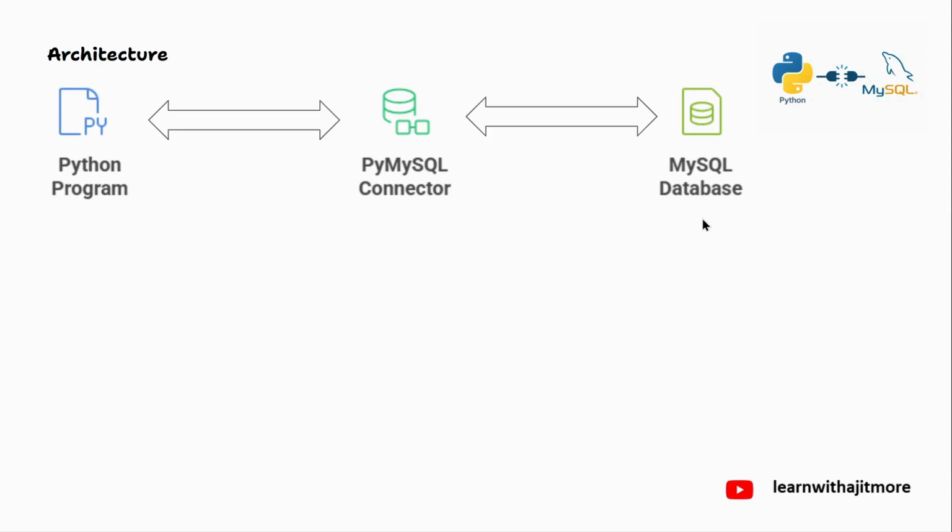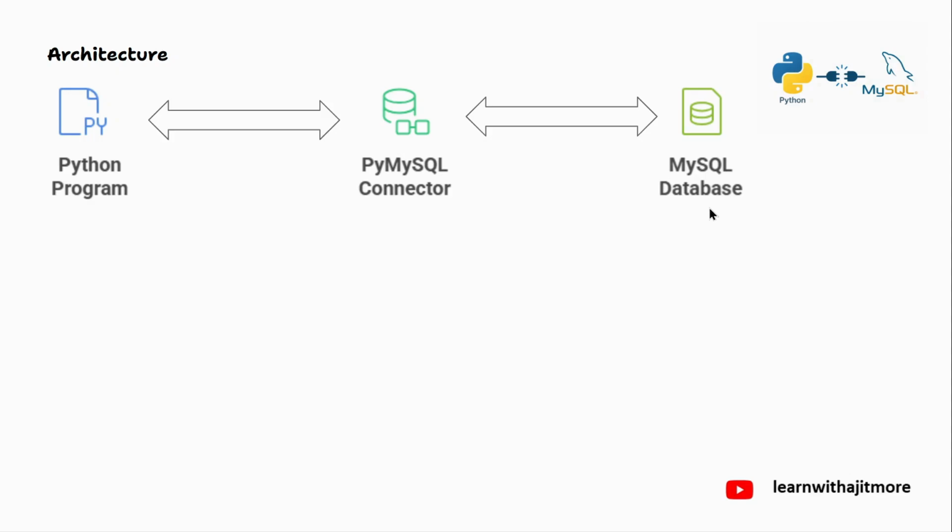So that primary key violation is a MySQL error. But then how to tell that error to Python? So it has to do that error compatibility also, that error matching of MySQL errors to Python-specific exceptions. It will convert that MySQL error to Python exceptions. Getting? So all that work this connector does.